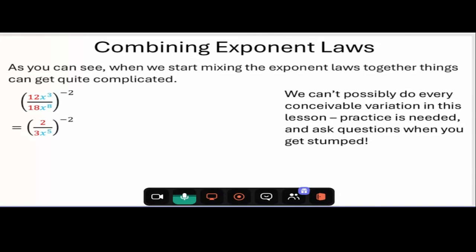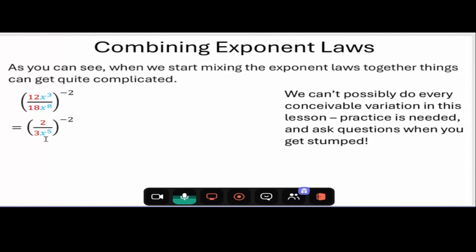Could I have also turned that into an x to the negative 5 on the top? Yes, I could have, right? x to the 3 minus 8 on the top. And what would happen to that x to the negative 5 on the top? It would become an x to the positive 5 on the bottom. So you can see there's more than one way to go.